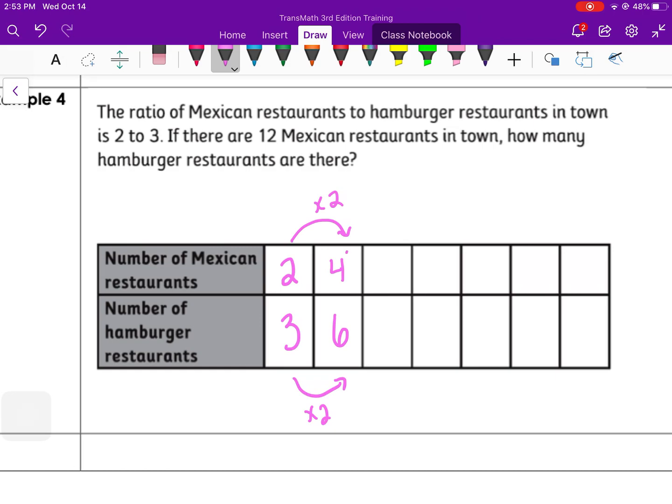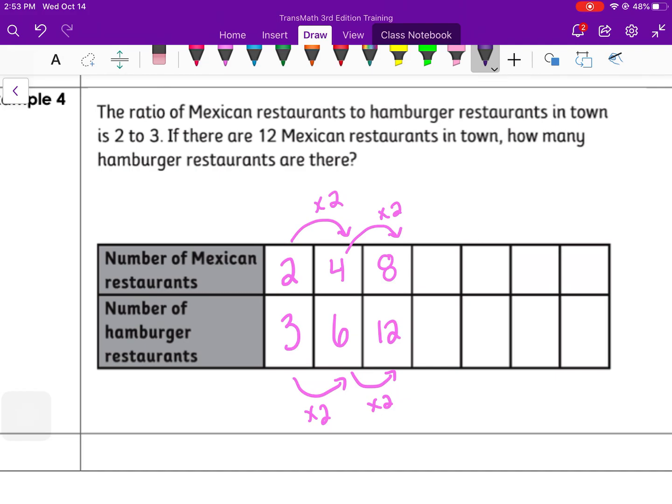Then if we double the number of Mexican restaurants again, 4 times 2 is 8. Then we could double the number of hamburger restaurants again and get 12. And then you could still continue to do that, but this gives us our answer.